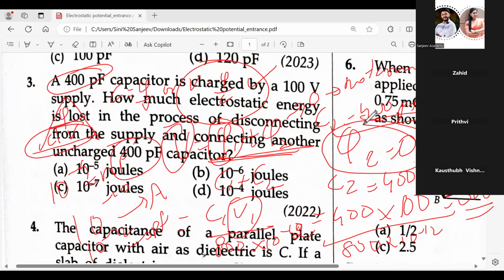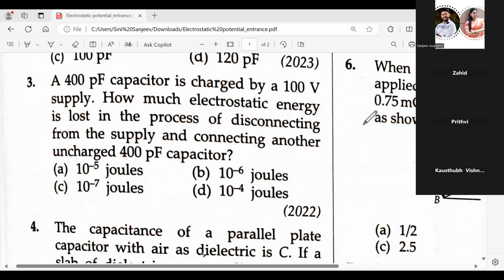Fine. So once I have the 50 volts, the question here is the final energy stored in the capacitor. For that, I'll clear everything now. We know U is equal to half CV square.